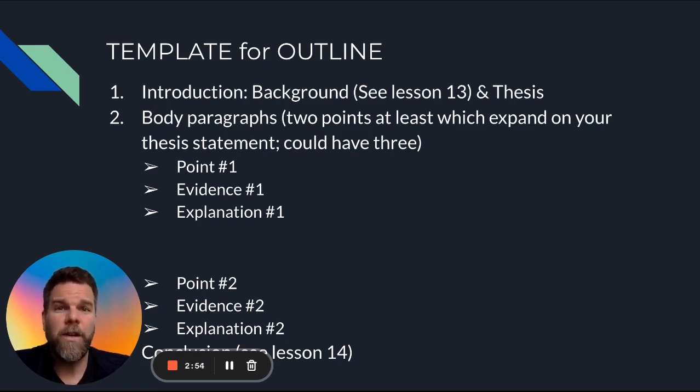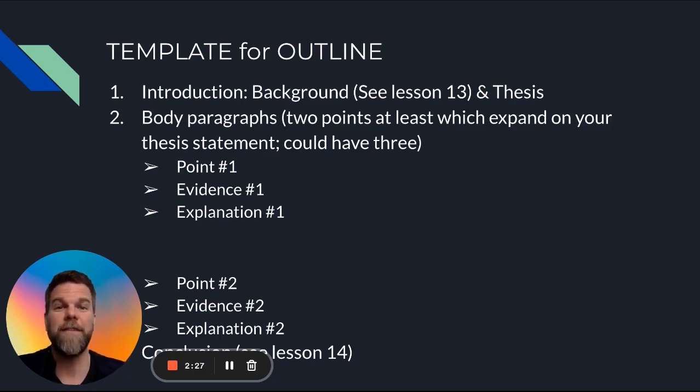Quickly, let me go over what you need to include in your body paragraph. So your point sentence, and remember, your point sentence is going to be taken from your thesis sentence. In your thesis, you had justification for your opinion. Well, one of those justifications for your opinion needs to be the first point in your paper, the first body paragraph.